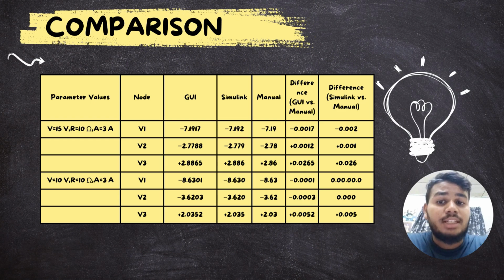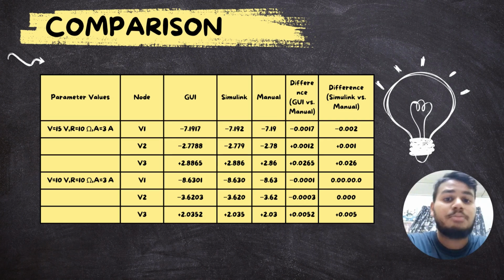In the case of 10 volt, the difference between the three methods is very similar, and the difference value is also 0.000. That means it is very similar compared with the first question.